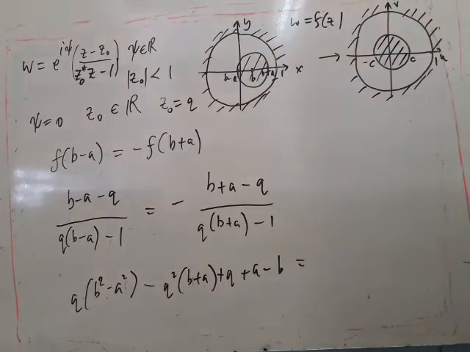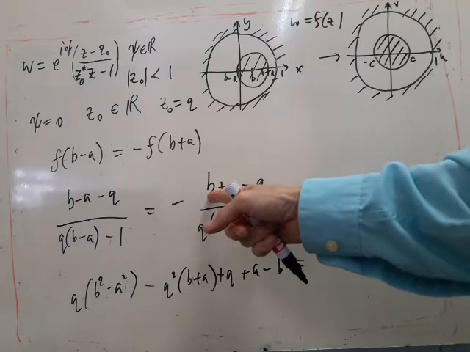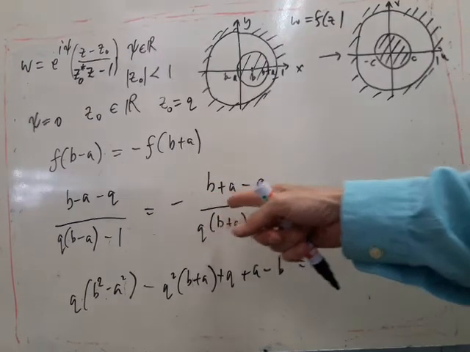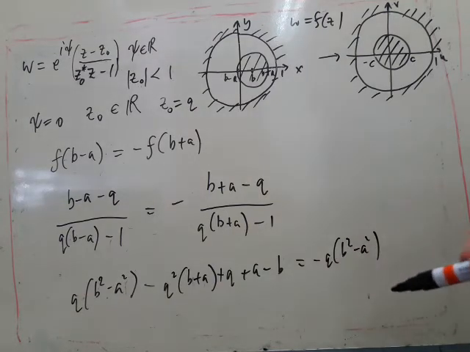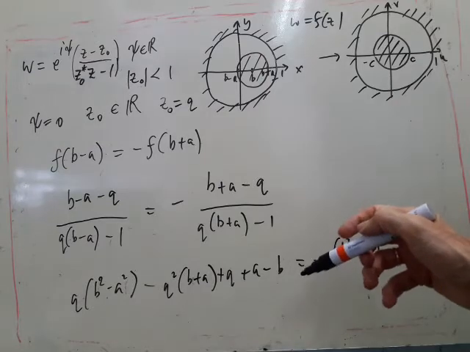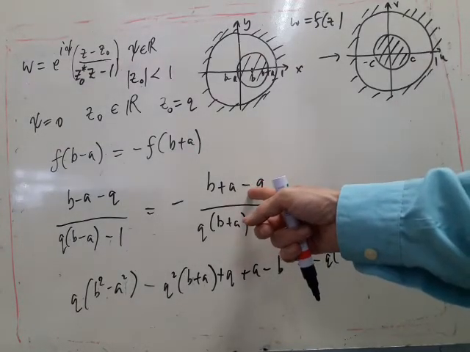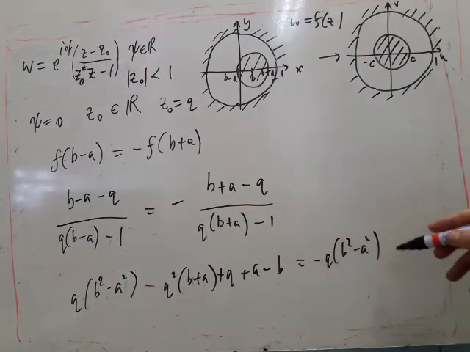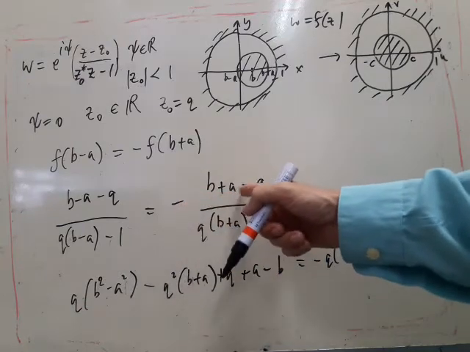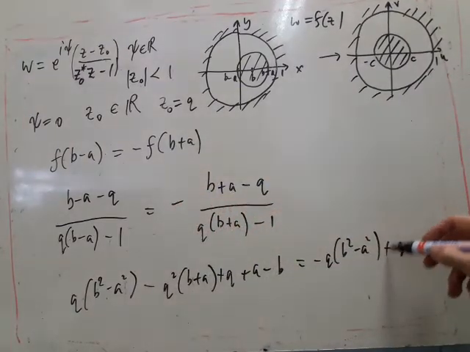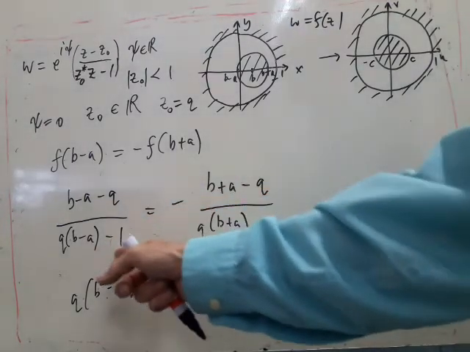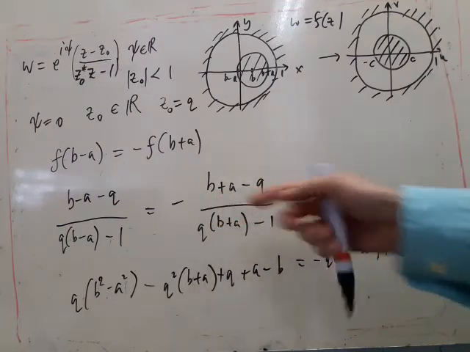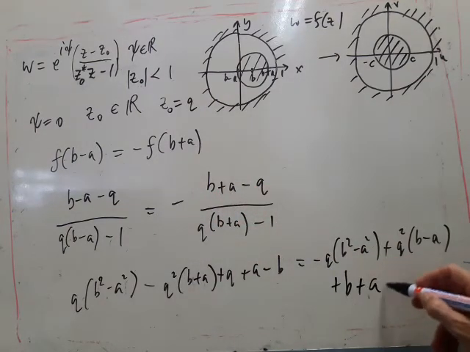So I've got minus q times b squared minus a squared. I've got minus q squared b minus a. Sorry, with a plus, so it's minus minus, so I've got plus q squared b minus a. And then minus 1 times this just gives me this plus this, so it's plus b plus a minus q.